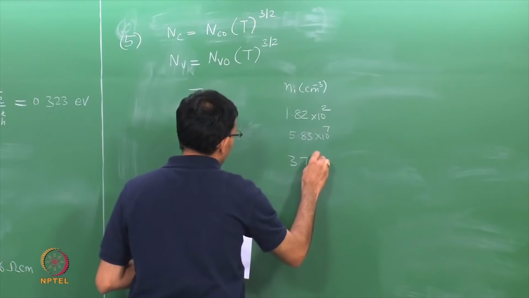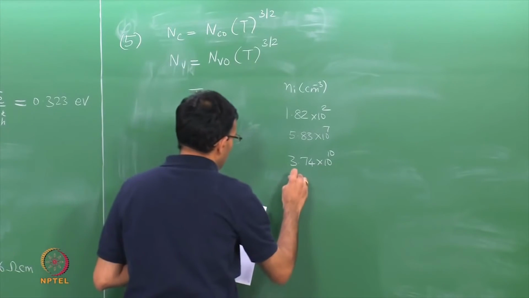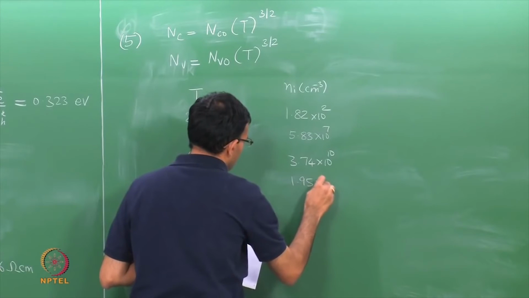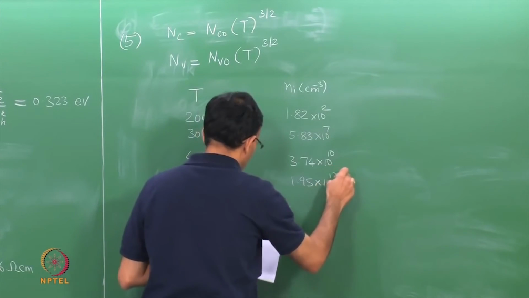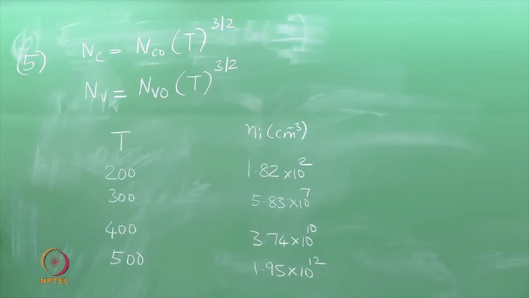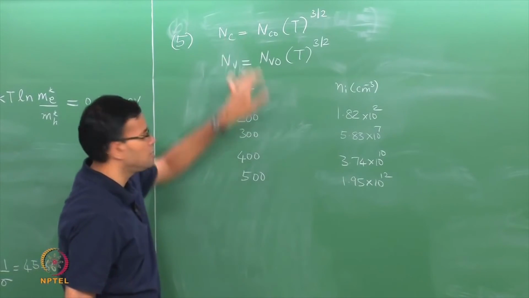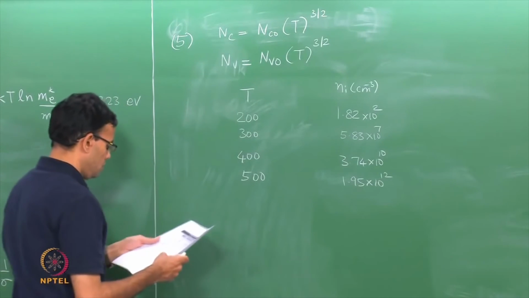So, we can see that with increasing temperature, the value of Ni also increases. So, the question asks us to determine this product Nc naught times Nv naught and also the band gap. So, both Eg is not known and these two numbers are not known.